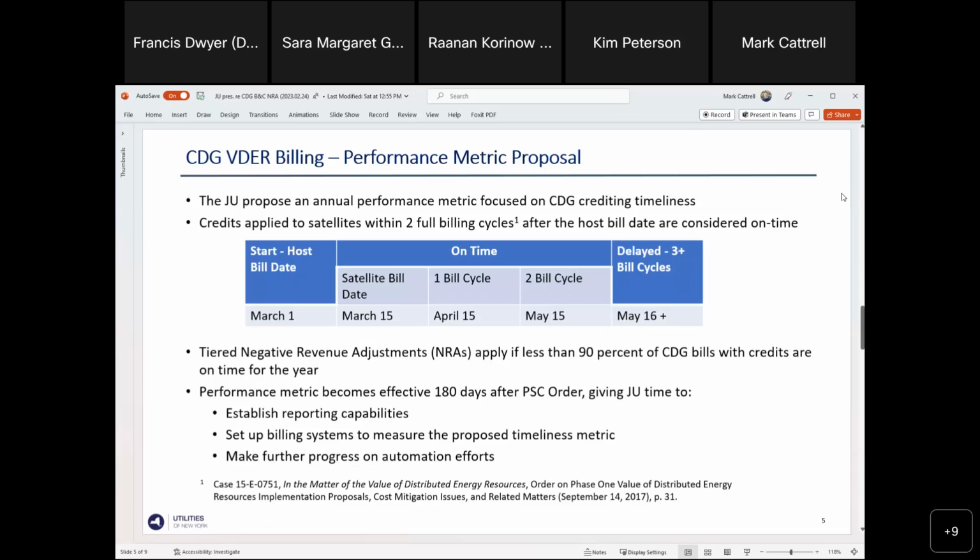My question is, with the move to automated billing, which I think all the utilities are either at or close to, or should be close to, with the 10% exclusion, should we assume that the automated billing applications are going to come with up to a 10% error rate in terms of timely application of credits? Is that the expectation by the utilities?